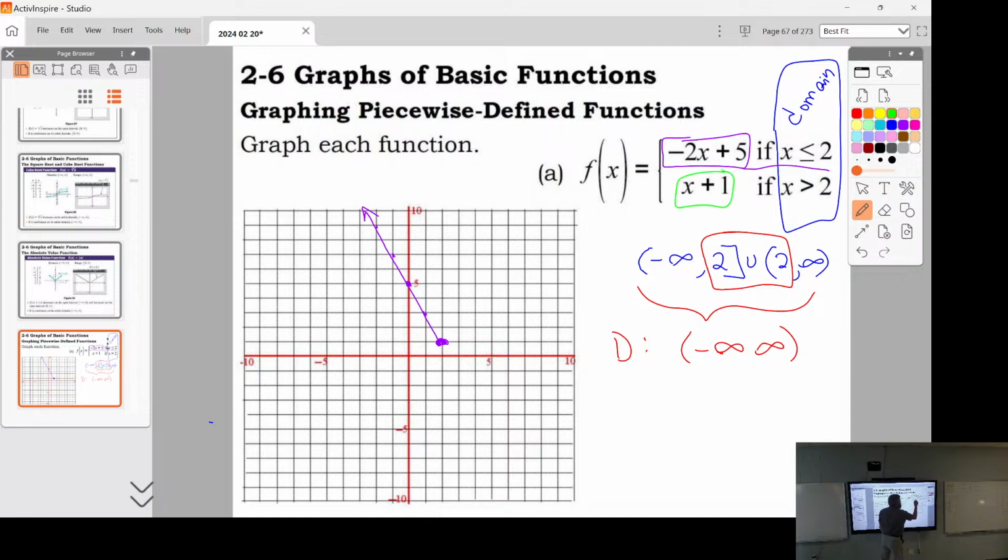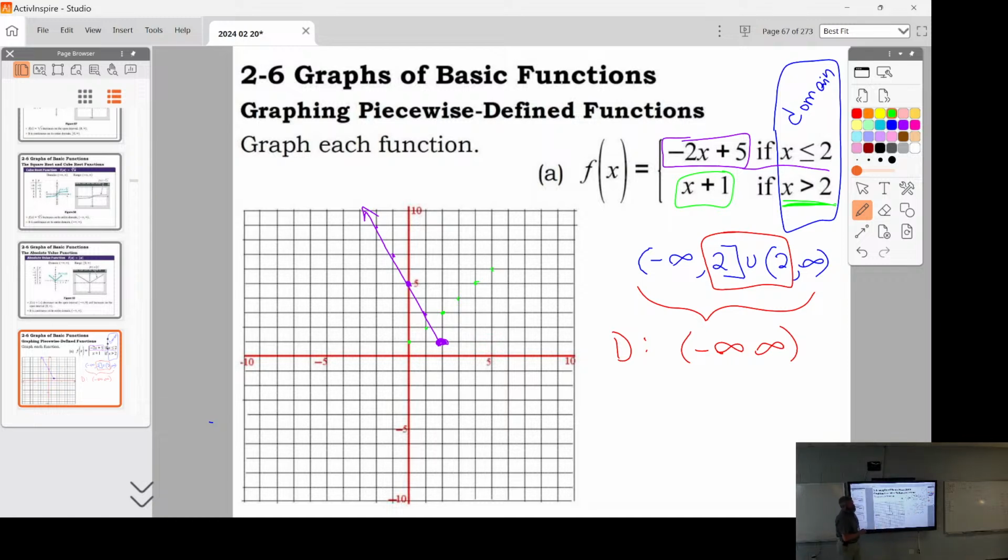Graphing the line x plus 1. Y-intercept is 1 with a slope of 1. So it's going this way. And I'm not going to draw this line because when I go to erase, it's going to cross. Where does this line start? This line starts at 2.